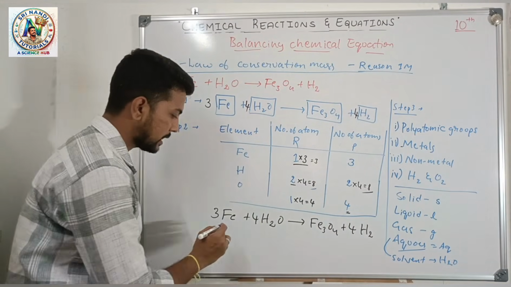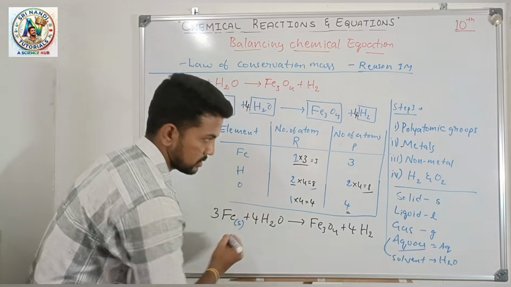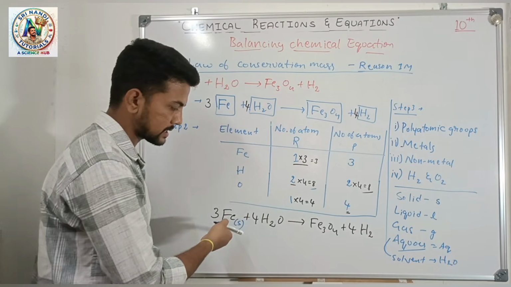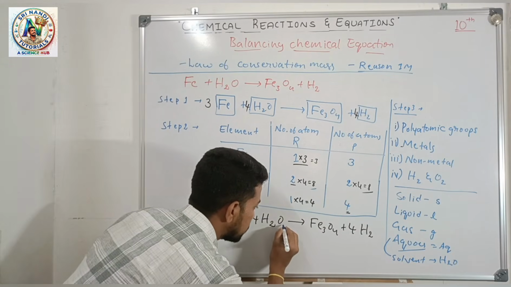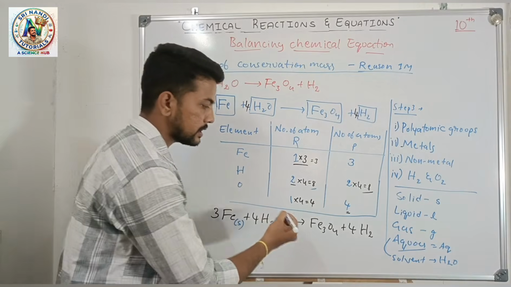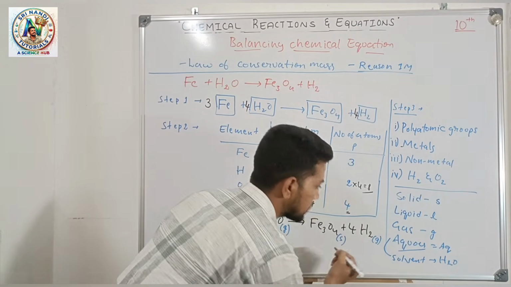So here iron is solid state. Water, as you know, is present in the liquid state, but in this chemical reaction the water is present in the form of water vapors, that's why it is G. Then Fe3O4 solid, hydrogen gas.